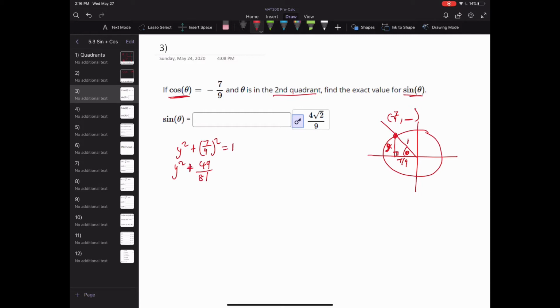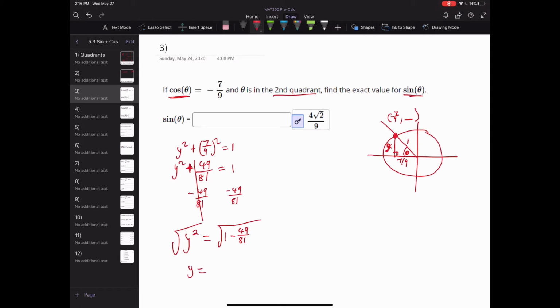Oops, I should have written a plus. Minus 49/81 on both sides. Y squared is equal to, I'm just going to leave it like this, 1 minus 49 over 81. Why? Because I still have to take that square root.